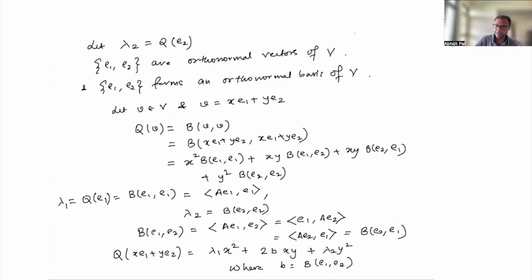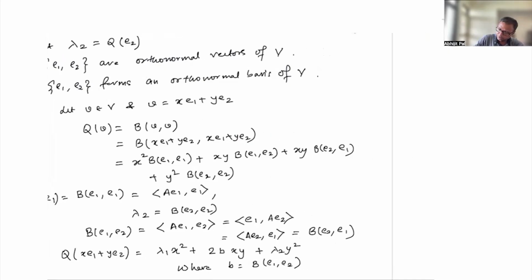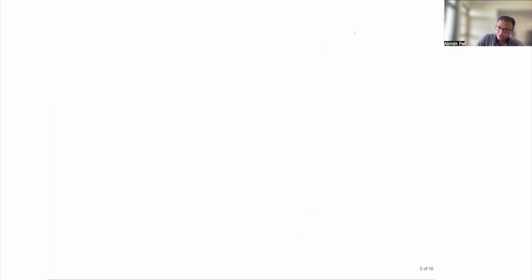So we have this thing, and by the lemma, it follows that this b is equal to 0 because QB is maximum at E1.